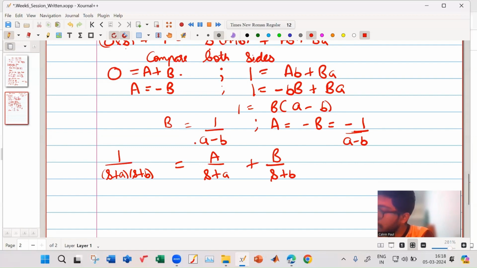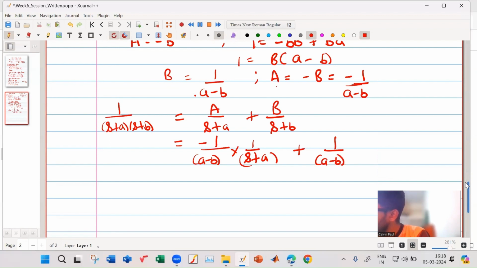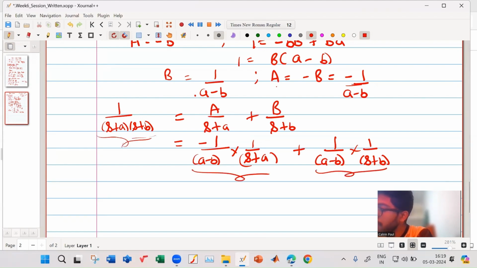I substitute this value of A and B, and I will get minus 1 upon A minus B into 1 upon S plus A, plus 1 upon A minus B into 1 upon S plus B. Okay, so now I have written this equation in this simple format.